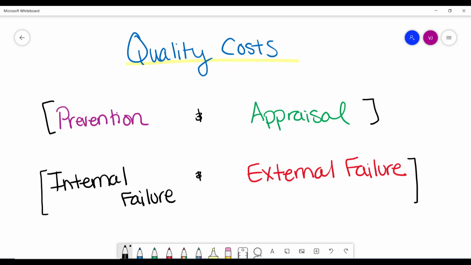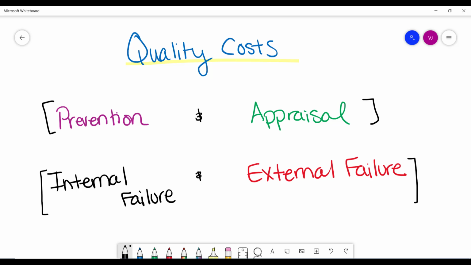So in year one, if we make some changes to spend more on prevention and appraisal, we might not immediately see in the next period a big drop in internal and external failure costs. It might take a couple of periods for that to balance out and for those changes to have an impact on these overall cost amounts.